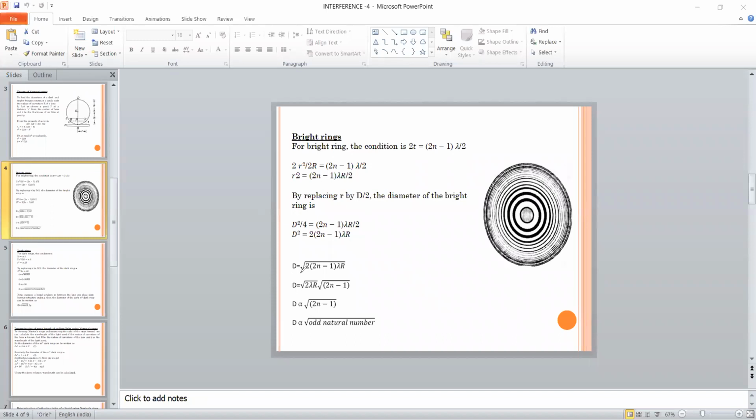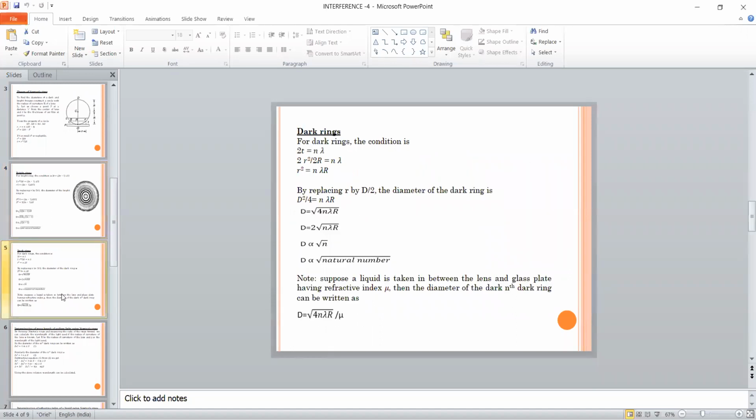Take square root on both sides. This is the expression for d. Now separate the constant values and variable values. That means our final statement is: diameter of the bright ring is proportional to square root of odd natural numbers.